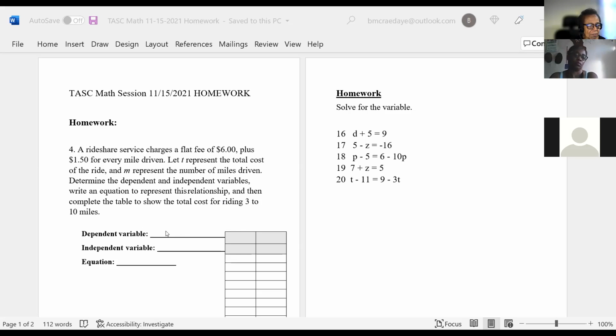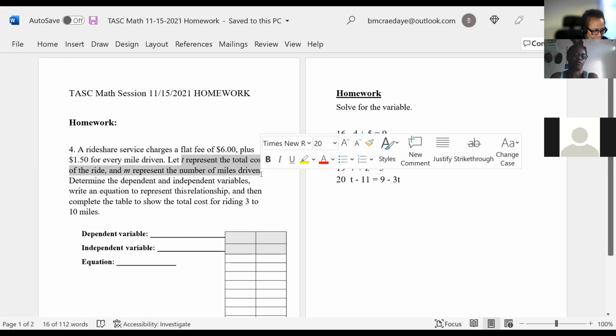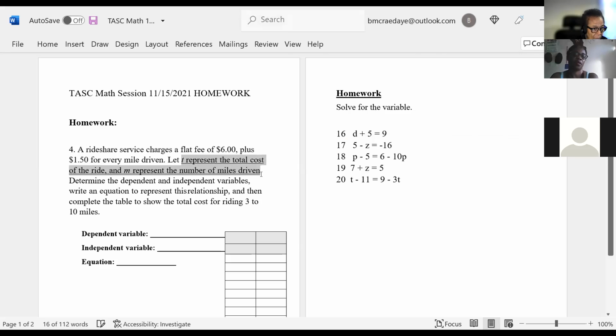What is the dependent variable? The rideshare service charges a flat fee plus a fee for every mile driven. T represents the total cost of the ride and M represents the number of miles driven. Okay, so what is the dependent variable?